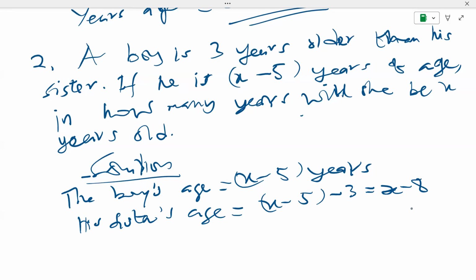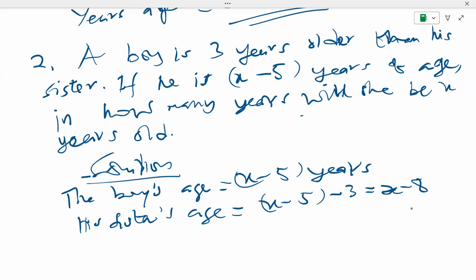The boy's age is x minus 5 years. His sister's age is x minus 5 minus 3 because he is older than his sister by 3 years. Now we need to determine in how many years the sister will be x years.